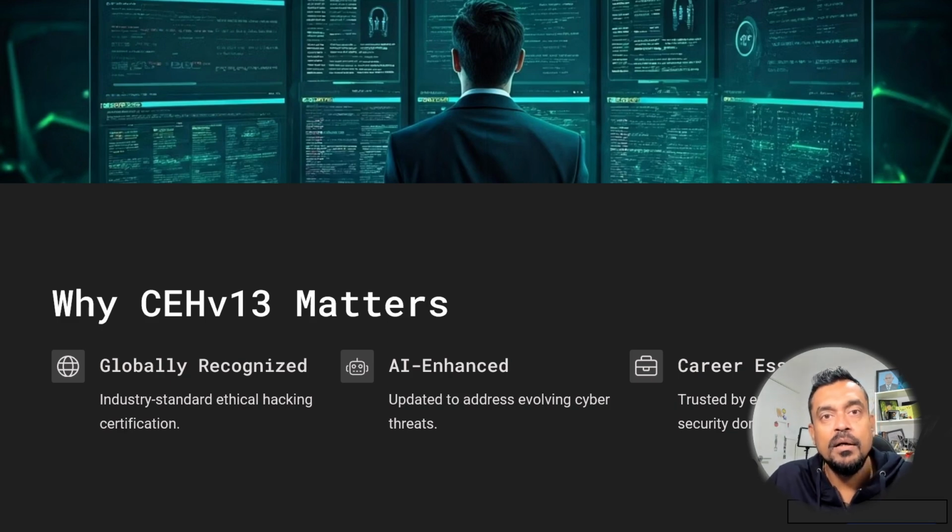Typically, we cover 20 modules in Certified Ethical Hacker version 13, and in every module they enhanced the conceptual and also the practical areas with AI. And this is career essential, trusted by various employers across security domains, and leading organizations around the world recognize this as a career essential.